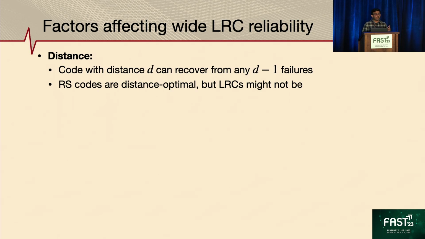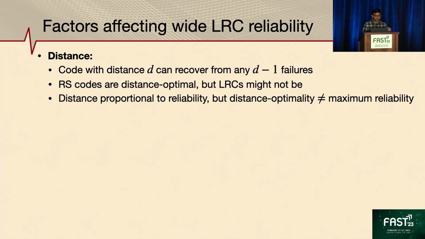But LRCs might not be because they have a complicated structure involving local and global parities. Distance is generally proportional to reliability: the higher the distance, the higher the reliability. But distance optimality does not mean maximum reliability, and this is a point we actually emphasize and build on in our work.